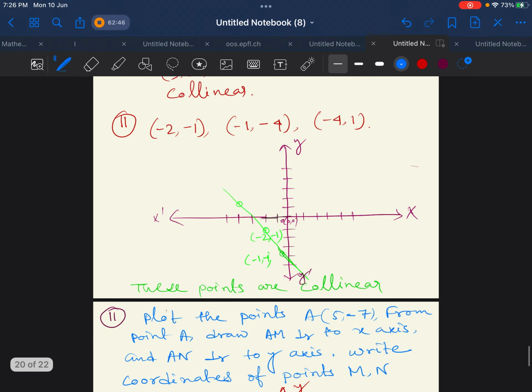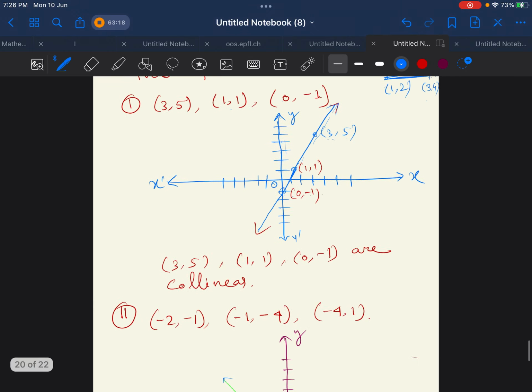Second question: minus 2, minus 1; minus 1, minus 4; minus 4, 1; minus 2, 1. We plot each of these points on the graph. Now we draw the line.